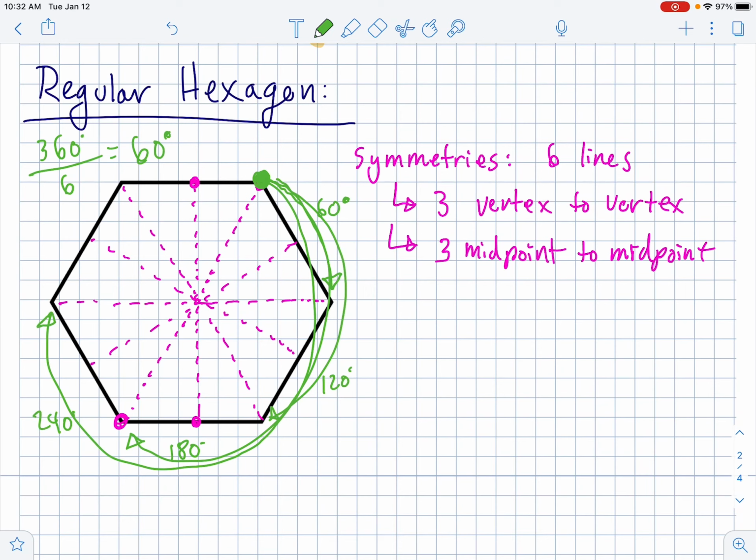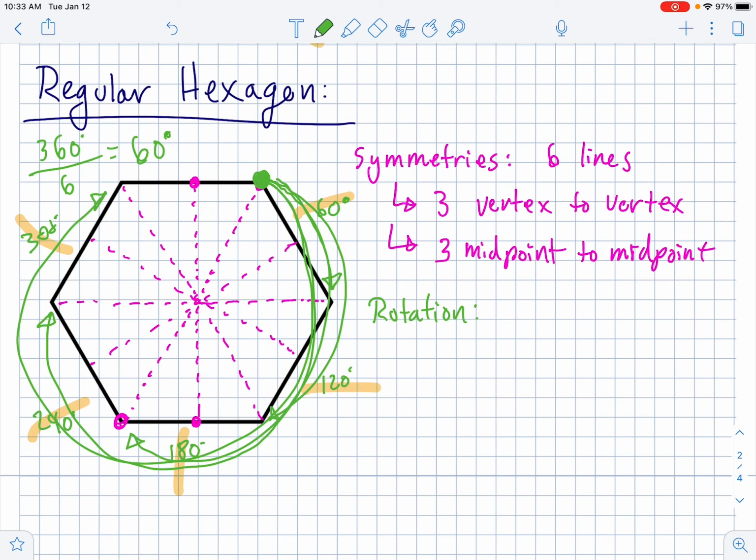And then another 60 is 240 degrees. Then that's 300 degrees. And then the next one would be a full 360. So let's see, rotations. How many of them are there? 1, 2, 3, 4, 5.